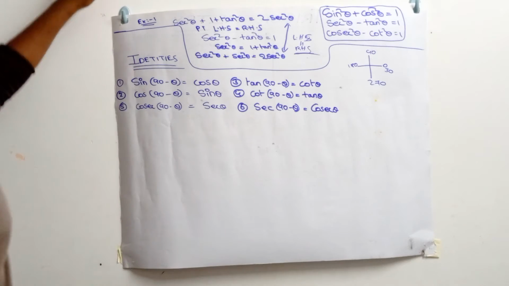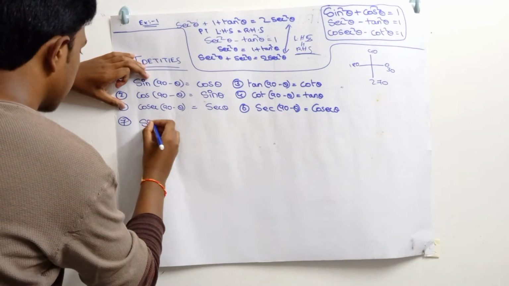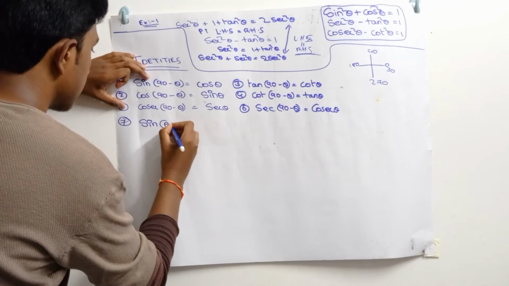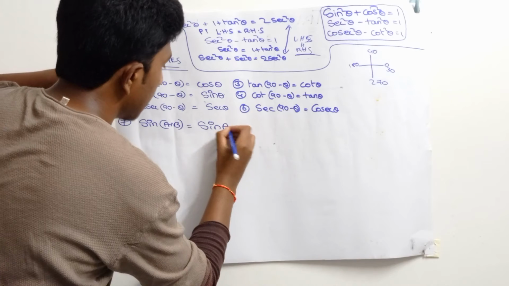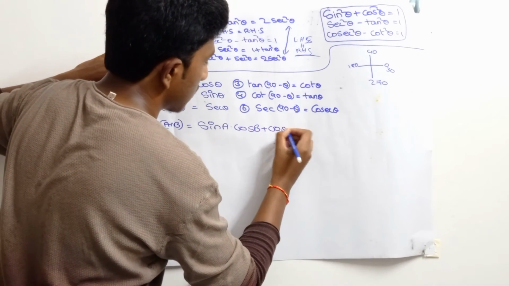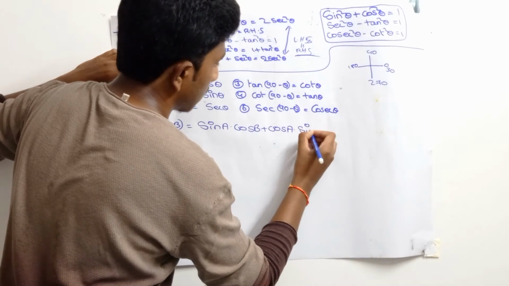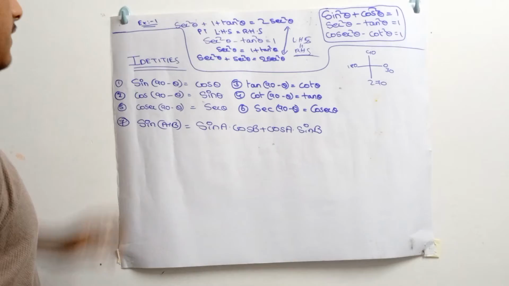Okay, and the seventh one is sin A plus B: sin A cos B plus cos A sin B. This is the seventh identity.